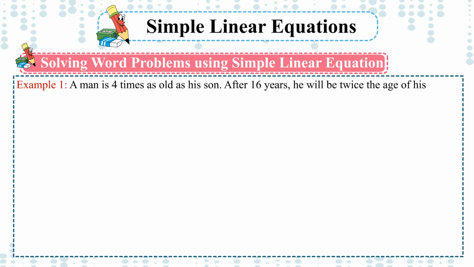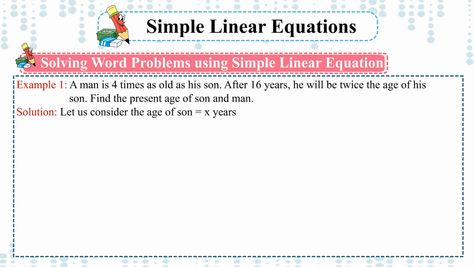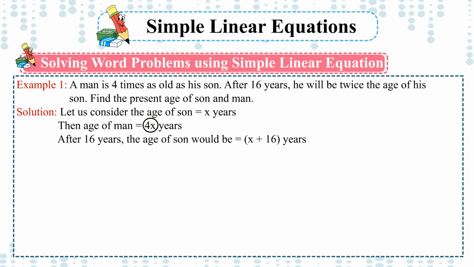Example 1. A man is 4 times as old as his son. After 16 years, he will be twice the age of his son. Find the present age of son and man. Solution. Let us consider the age of son is equal to x years. Then age of man is equal to 4x years. After 16 years, the age of son would be x plus 16 years.